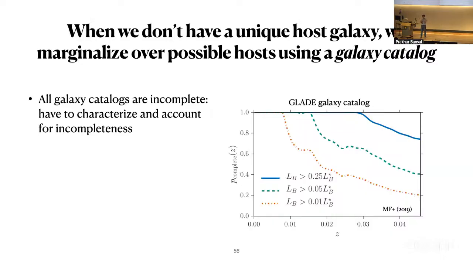Only 50% of them are actually in your catalog. So you have to do something about the missing galaxies. Otherwise, you're going to get a bias if you just assume there are no galaxies over here, so my gravitational wave couldn't have come from here. That's going to bias you.